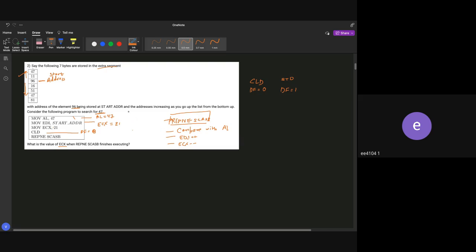So it will start from 96. Now it will compare with 96. Then it will increment this address to this one, and that ECX will decrement. So after the first comparison, ECX will equal 20, right?